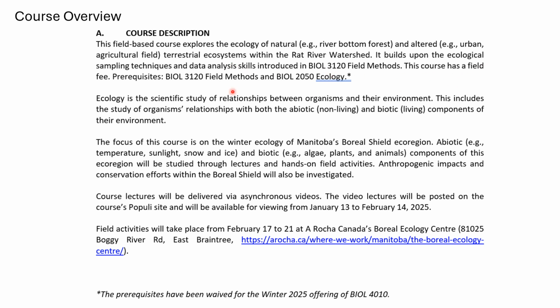It builds upon the ecological sampling techniques and data analysis skills introduced in field methods and ecology. Asterisks. So you can see with this asterisk, we highlight down here that there are the prerequisites, although they occur here, they've been waived for this year. This is the first time we're offering this course, and so we made the decision to waive the prerequisites.